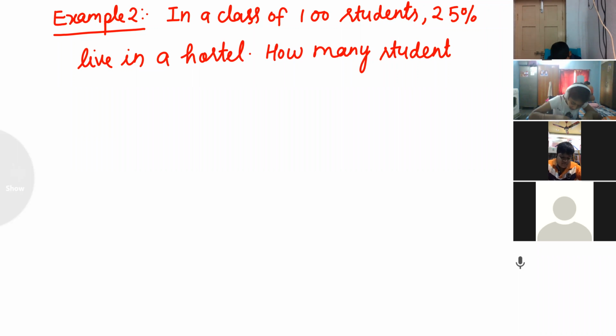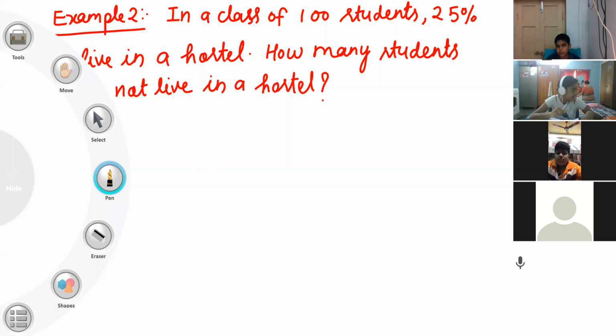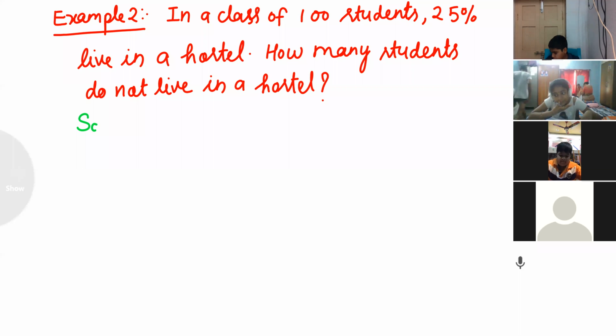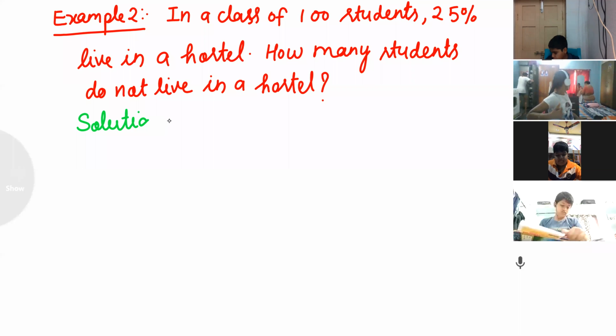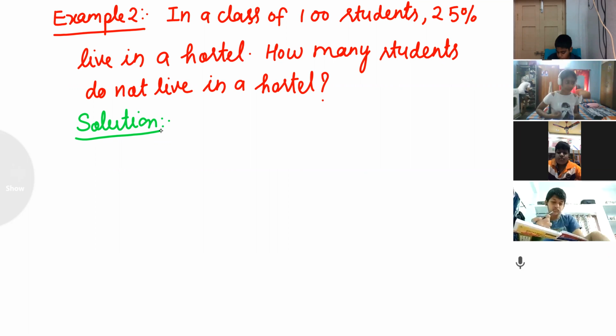How many students do not live in a hostel? This question is also a very interesting question. Students, all these questions will come as real time examples, real time word problems.